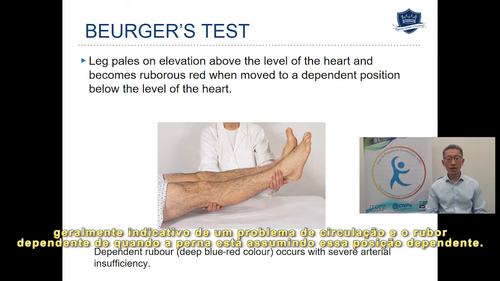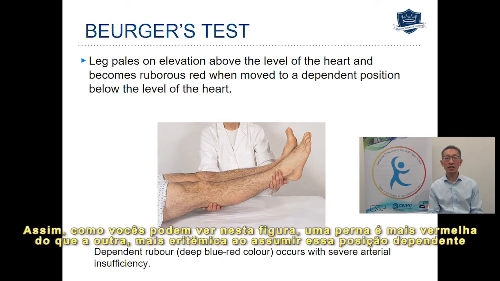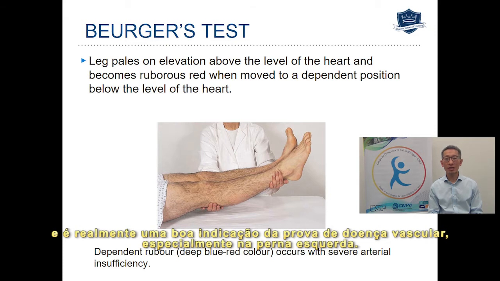Dependent rubor is when the leg assumes a dependent position, the improved blood flow stimulates a hyperemic response, resulting in reddening of the leg. You can see in this picture that one leg is redder, more erythemic, upon assuming this dependent position, and that's a really good indication of peripheral vascular disease, especially in the left lower leg.